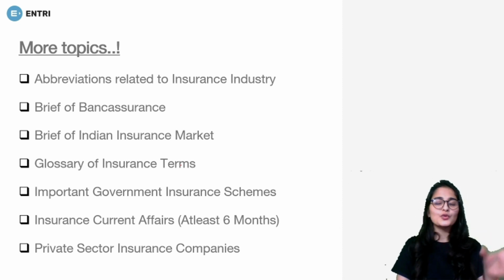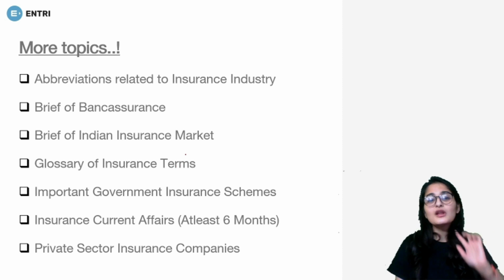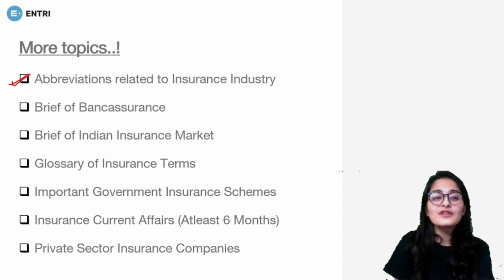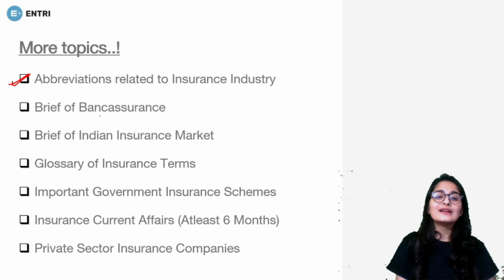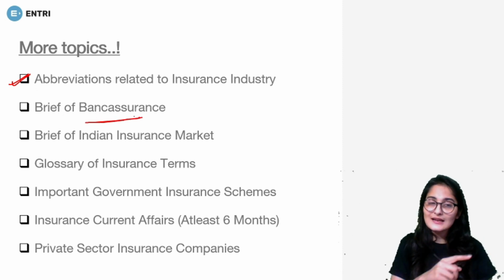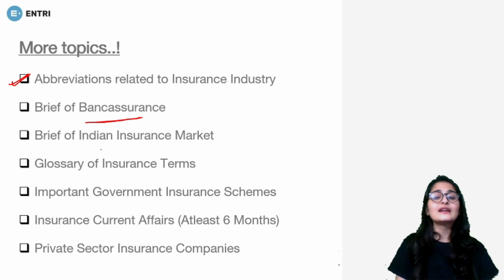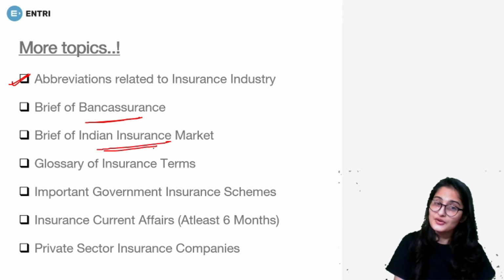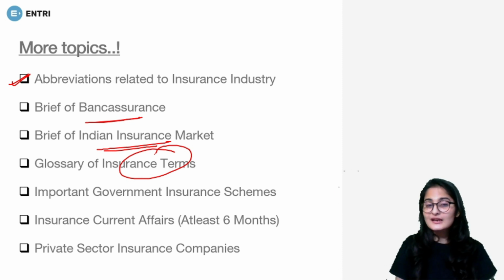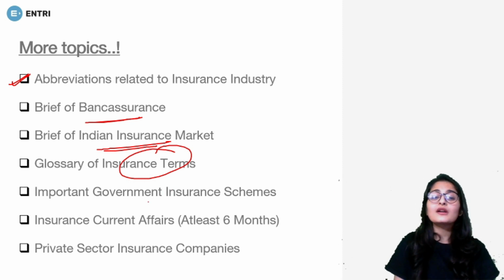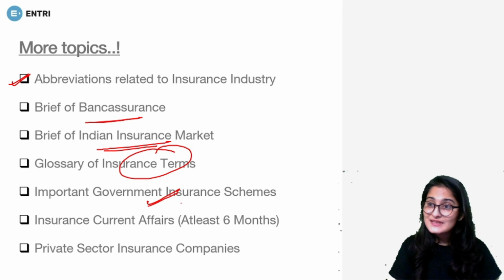For that part, I'll let you know soon how you will study. You have to study the abbreviations and know their full forms. Then the recent bancassurance tie-ups that are happening, the Indian insurance market in general, insurance terms, all the terminology associated with it, and important government insurance schemes.